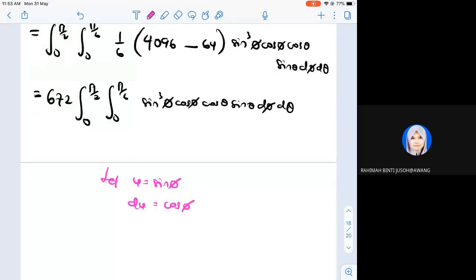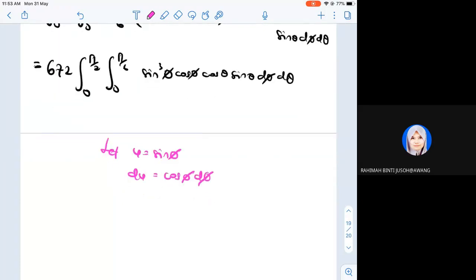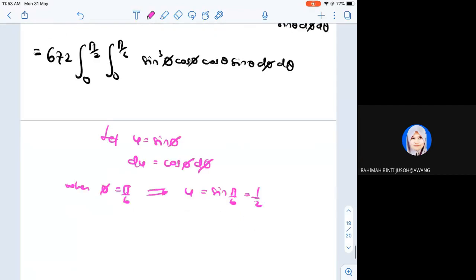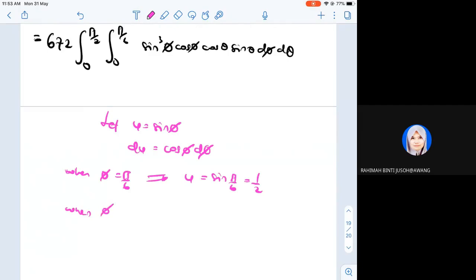When phi equals pi over 6, the limit of u equals sin pi over 6 equals 1 over 2, sin 30. And when phi equals 0, we have u equals sin 0 is 0.